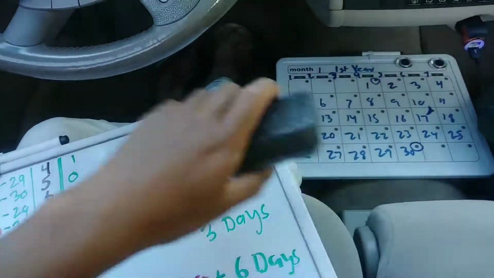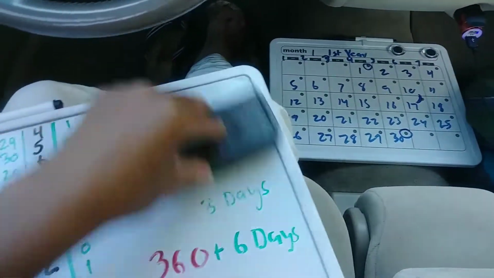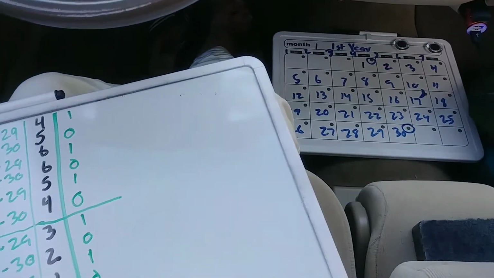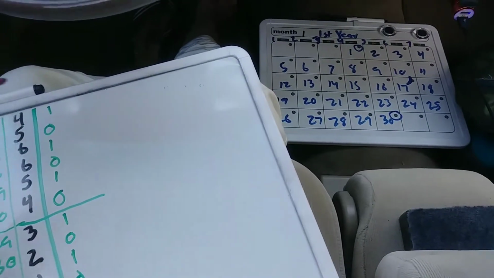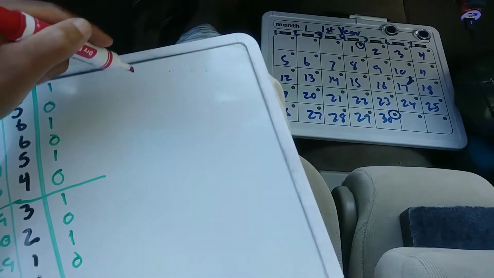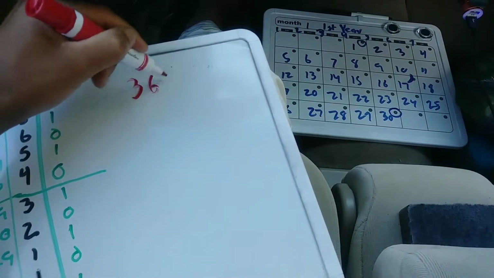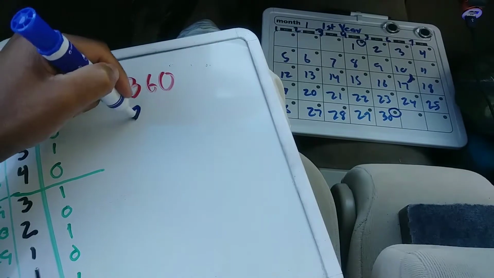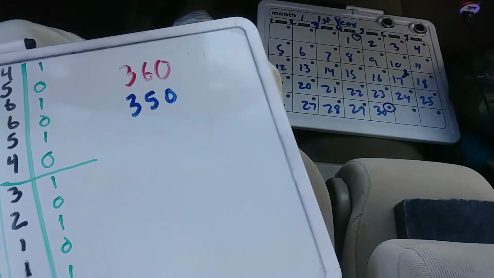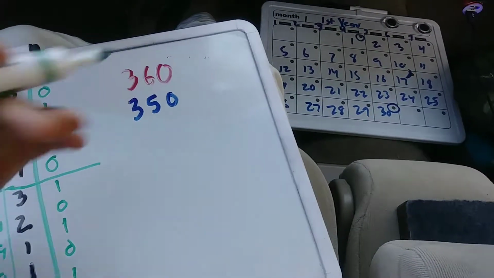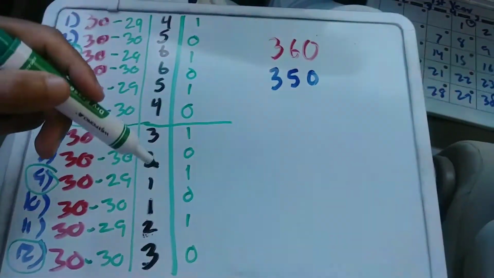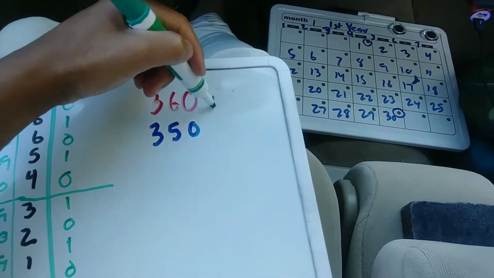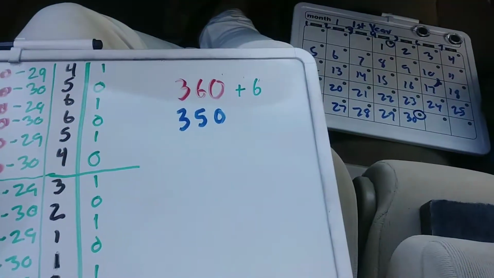None of this stuff contradicts itself, because at the end of the year, we'll write this out again. The sun has 360 actual days, whereas the moon has 350 actual days. And as we proved here, the sun currently has an overplus of 6 days. All right?